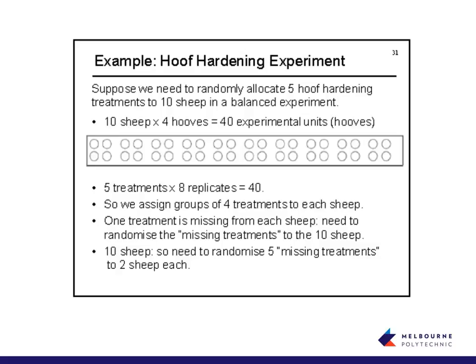If we randomly divide them up and make sure each treatment gets as many replicates as possible, each treatment will miss out on 2 sheep each. So somehow we need to randomly assign which sheep each treatment is missing out on. In other words, find 2 sheep that each treatment is missing.